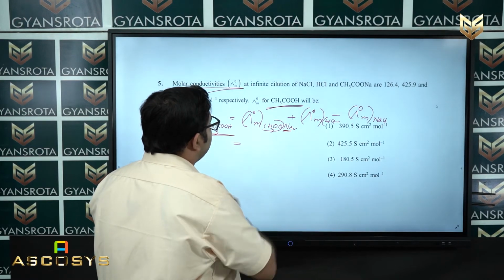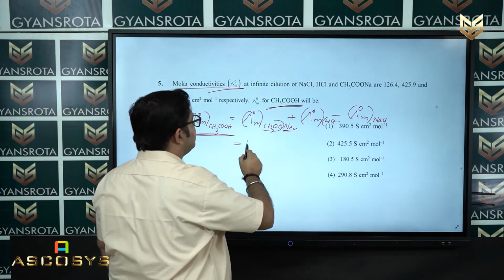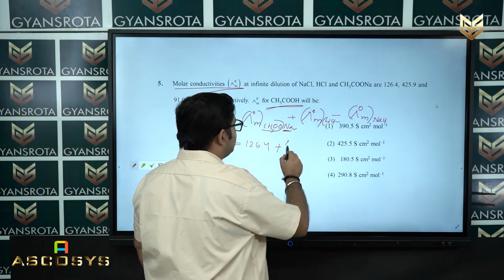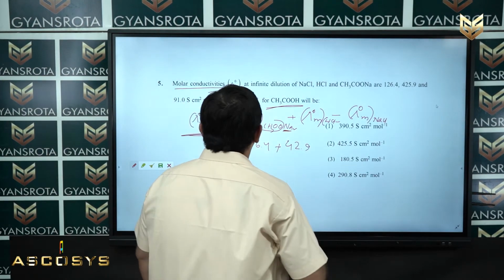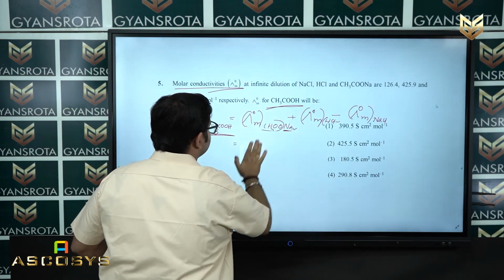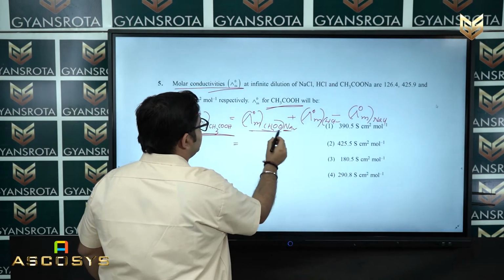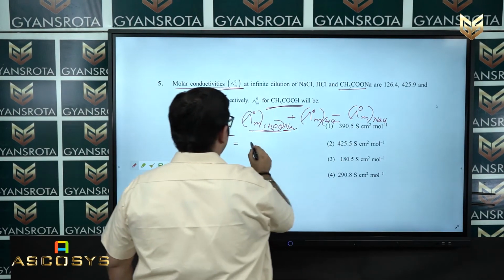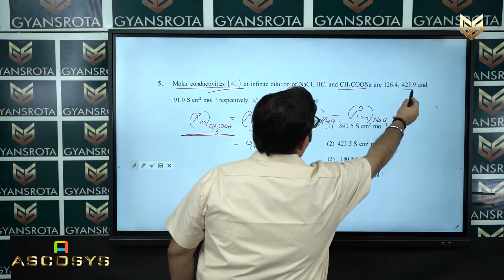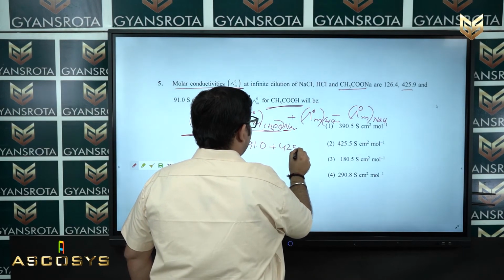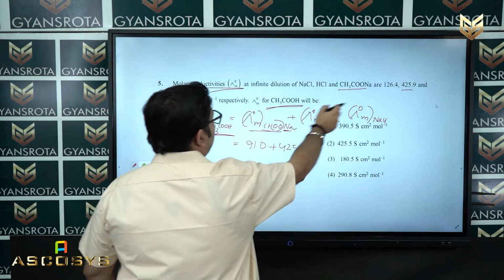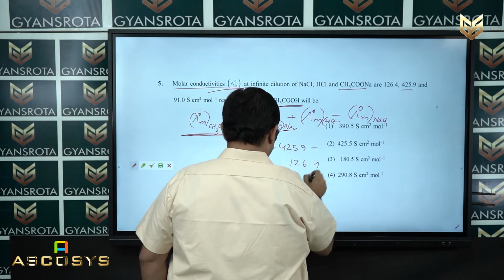Now just put in the values. For CH3COONa they have given 91.0, for HCl it is given as 425.9, minus for NaCl how much is given, 126.4.